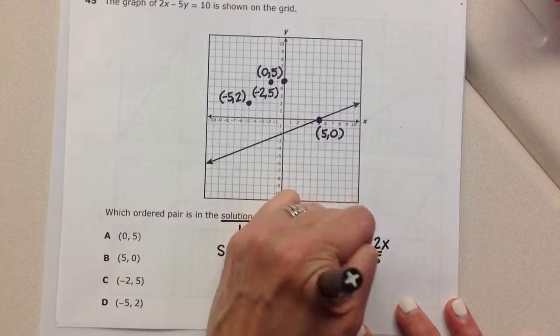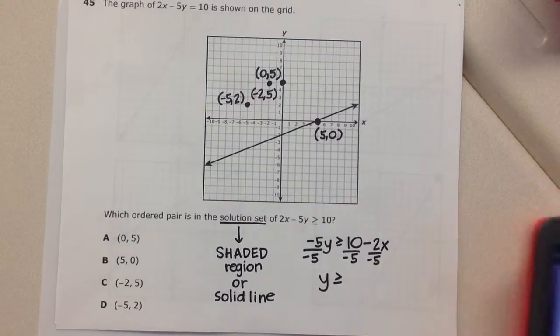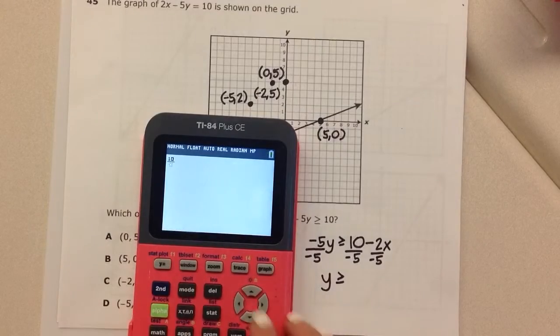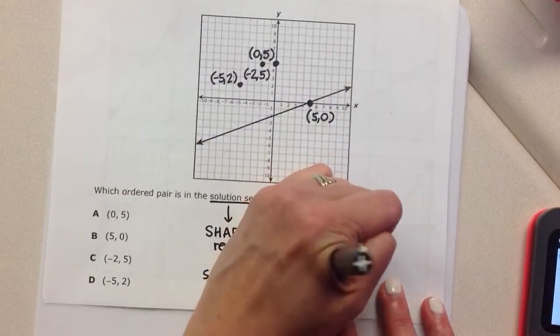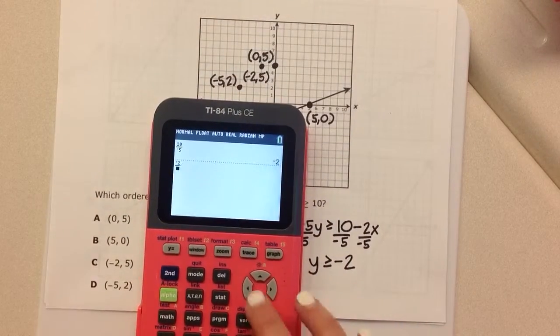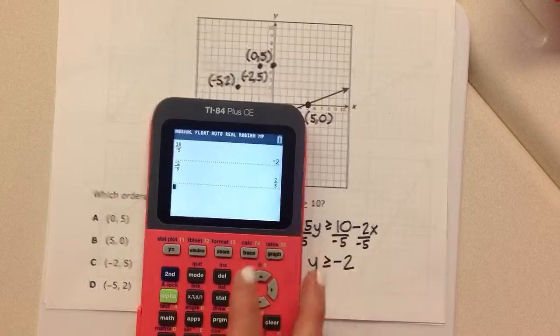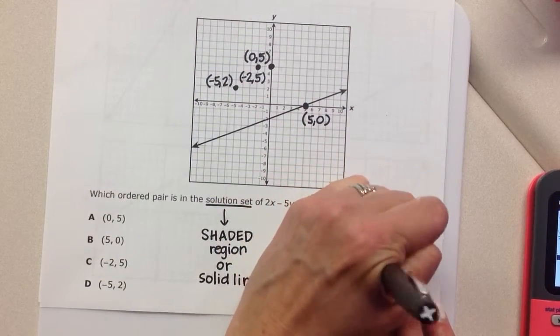Now y is greater than or equal to 10 divided by negative 5, and that would be negative 2. Then negative 2 divided by negative 5 would be positive 2/5. I'm going to put plus 2/5 x.